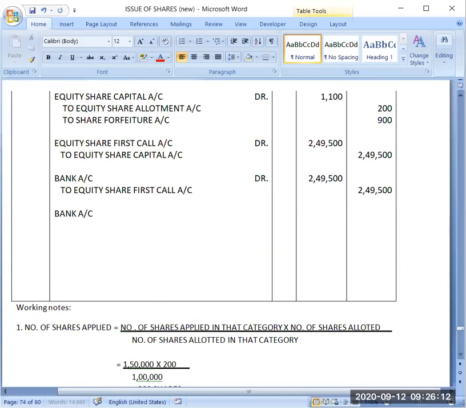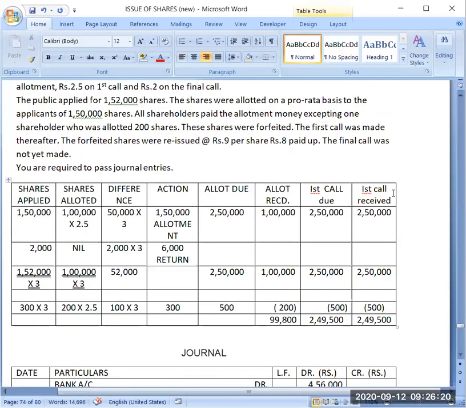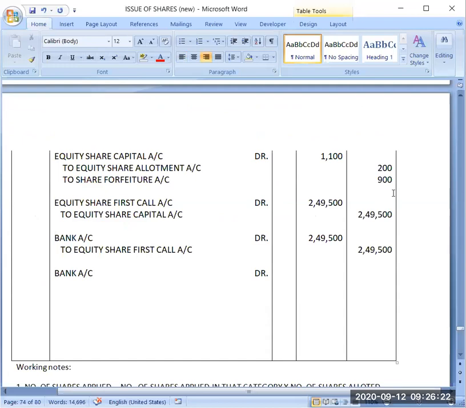Bank account debit, and I am reissuing all the shares. Yes, 200 shares I am reissuing. So 9 multiplied by 200, 1,800.